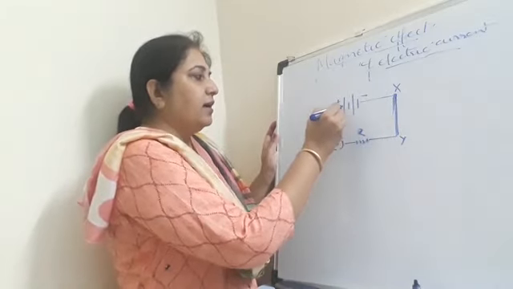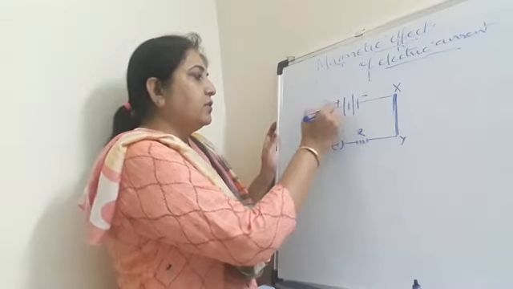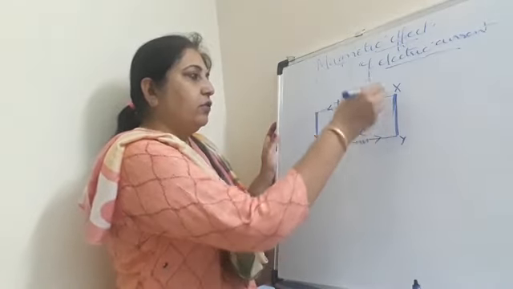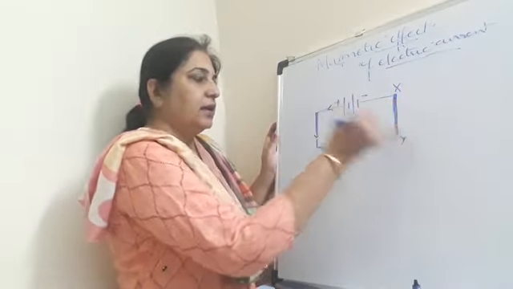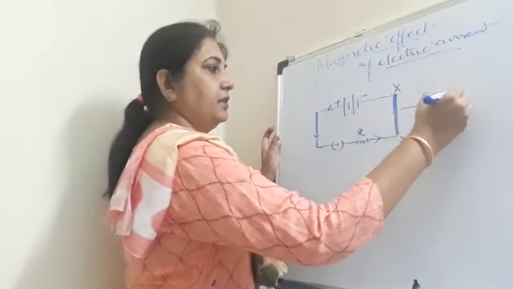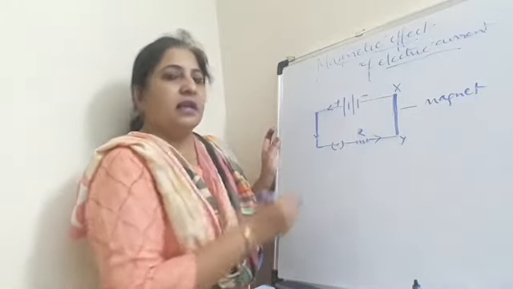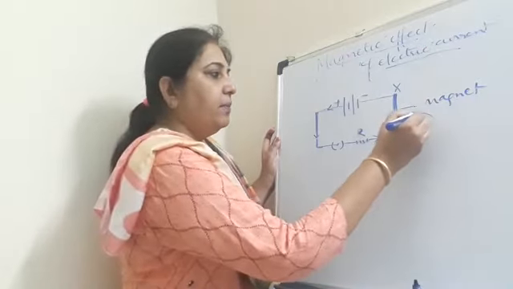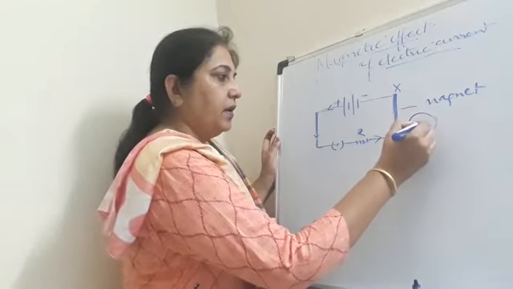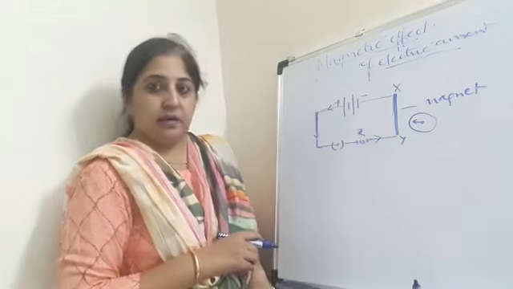Now when the current flows through this circuit, from the positive side to the negative side, this conductor starts behaving like a magnet, right? How do we know that this behaves like a magnet? If I bring a compass needle near it, there will be deflection in the needle.